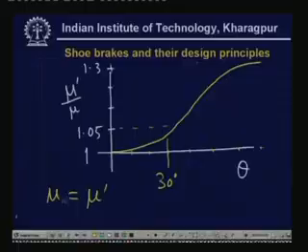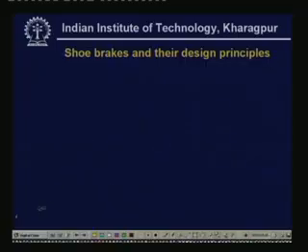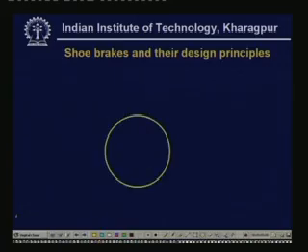So, now we know what the friction force is, and what the equivalent coefficient of friction is, and while designing such shoe brakes we should use the equivalent coefficient of friction. Now, let us come to the brake again. This is the brake, and we have a shoe over here.